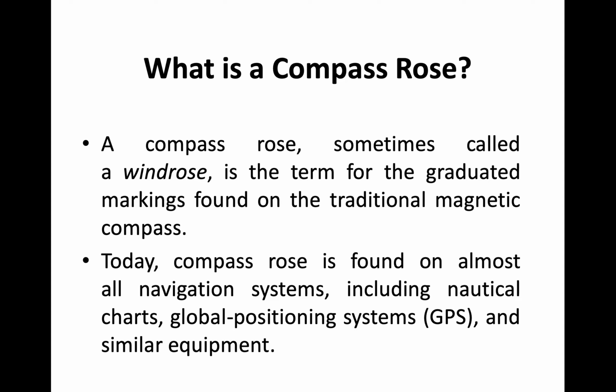Also, in modern times, the compass rose can be found in a lot of navigation systems on the bridge. It can be found in the charts, especially in the ECDIS, that's the electronic chart, and it can also be found in the GPS and other equipment. But what does it look like?